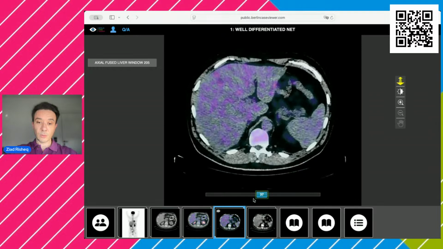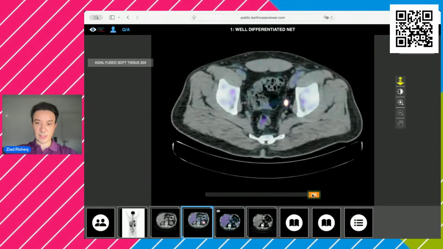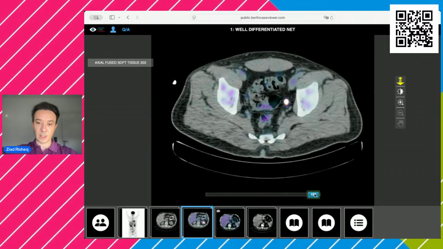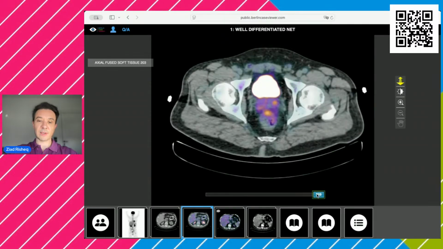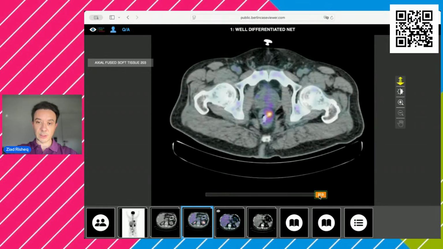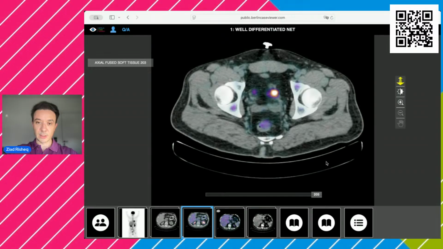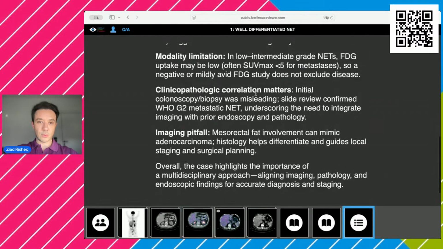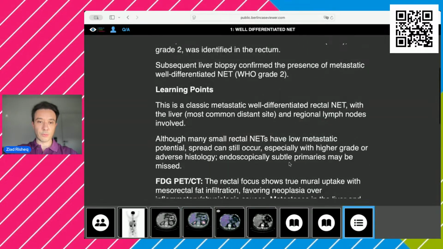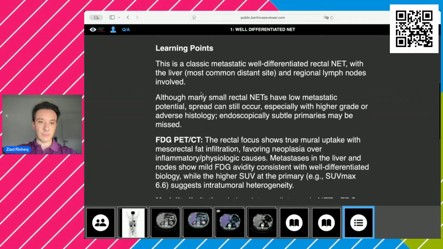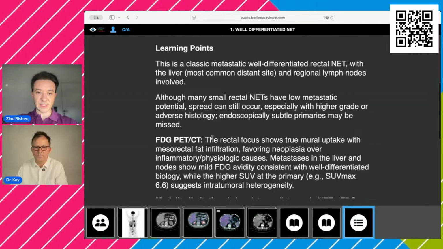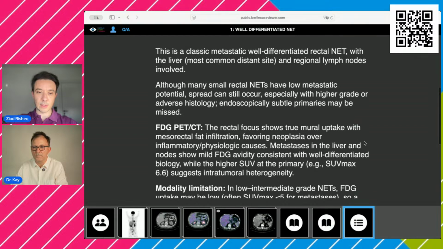So what we need to learn from this case is that not every uptake in the bowel is physiological. When you see something outside the pattern that you're used to or you commonly see in physiological conditions, you have to think that there is an underlying pathology. If you go through this volume, you can see teaching points about FDG, the role of FDG PET scan in neuroendocrine tumors, especially in the rectum.